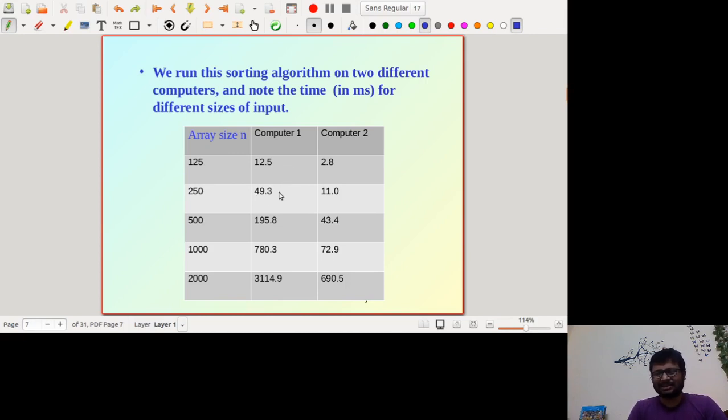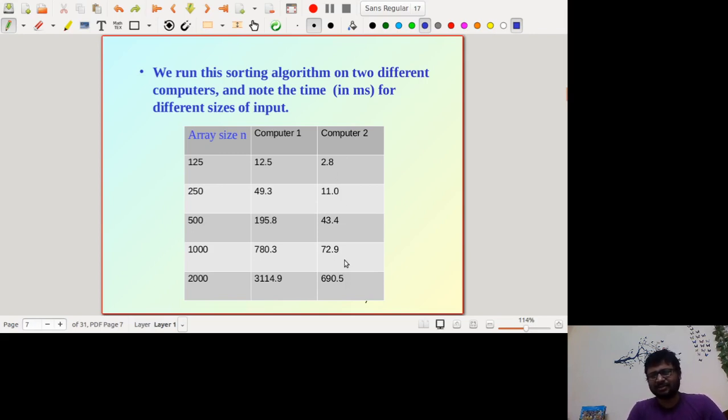So you can see a pattern. When array size doubles, computation time goes up by a factor of 4. When array size goes up by a factor of 4, computation time goes up by a factor of 16. And you probably see where it's going. So if the array size goes up by a factor alpha, computation time tends to go up by a factor of alpha squared. Again, roughly speaking, not exactly.